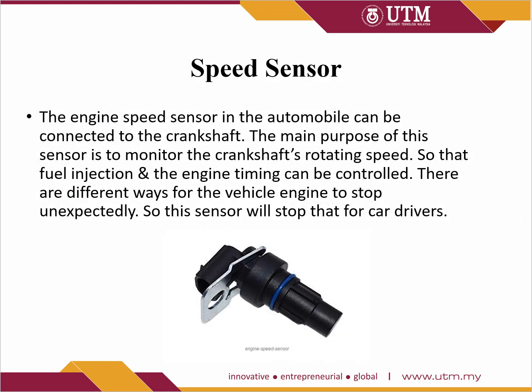Second, we have the speed sensor. In an automotive, this sensor can be connected to the crankshaft, so it will measure the speed and tell the driver if he goes too fast. Some sensors give a sound to get the driver's attention.